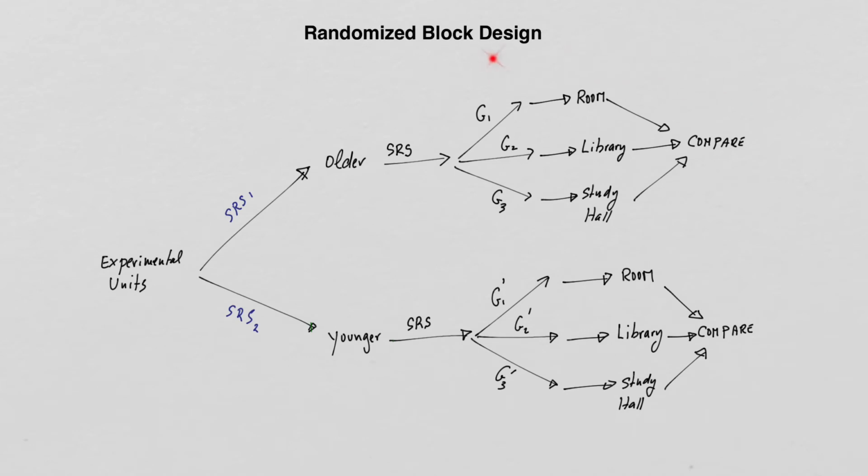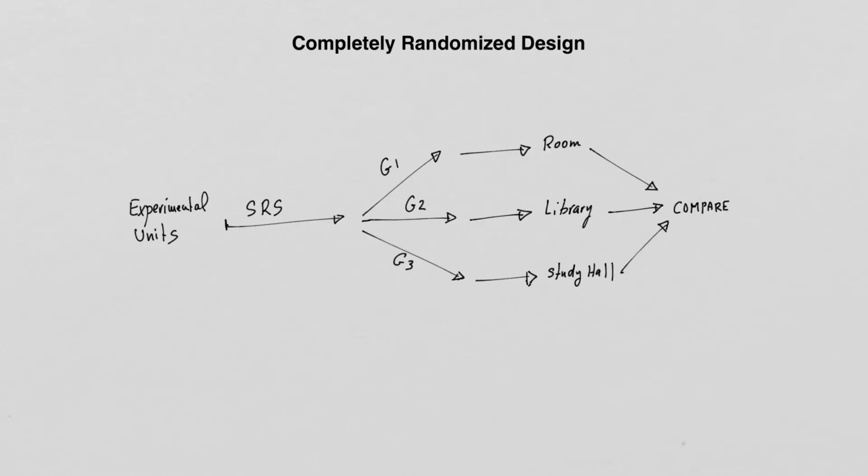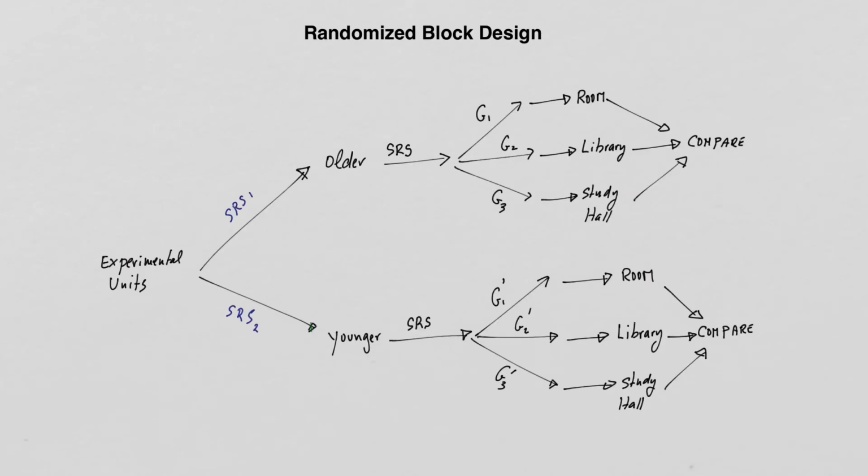So this is exactly what I just did before, and this is exactly what I just did before, right? This is a completely randomized design, and this is a completely randomized design. To call it a randomized block design, first you split them into blocks, and then you go with the completely randomized design. So I don't need to repeat myself because I went through this entire process.